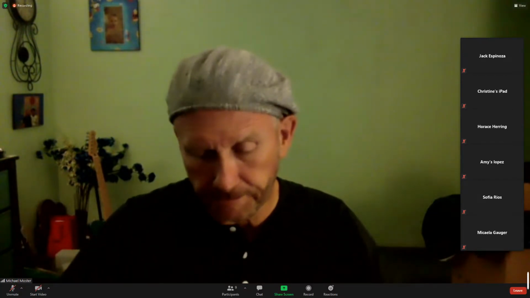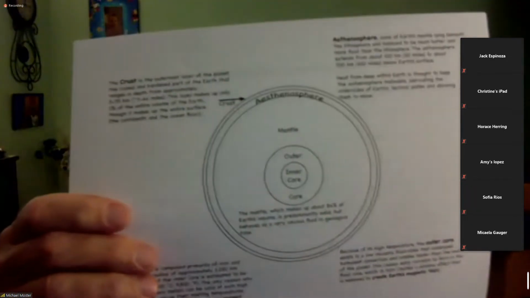Okay. I left off yesterday talking about layers, and I was referring to this diagram. Any questions on the exam related to layers are going to come from that diagram. So once again, you need to know that the inner core is made up predominantly of iron.